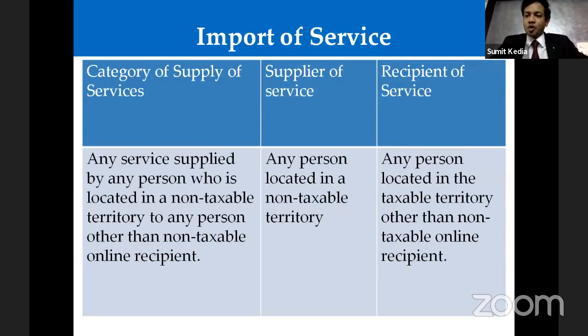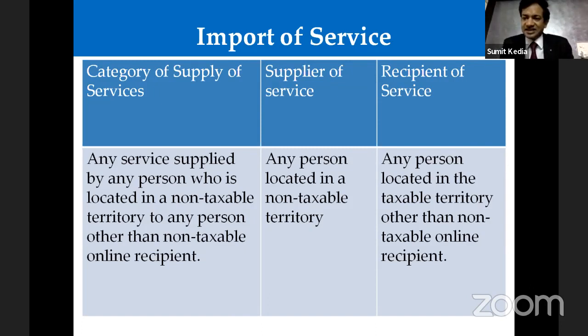The first entry is import of service. If you import any service, you will be liable to pay RCM. So let's see that entry exactly. What is the nature of service? Any service supplied by any person who is located in a non-taxable territory outside India to any person other than a non-taxable online recipient.